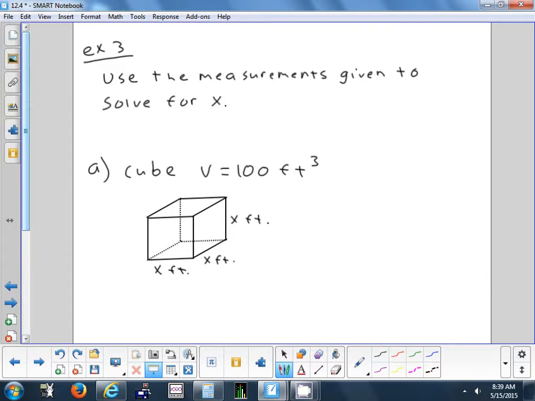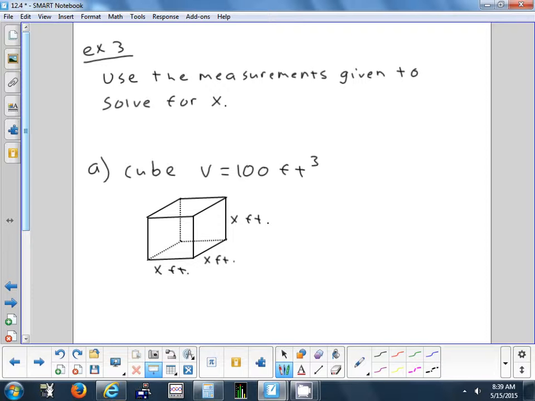Okay, so here's one where they're kind of switching up what they're giving you a little bit. You know the volume already. I want to know how long each side would be. Before we even do any kind of math here, what do you think we need to write down? Formula.